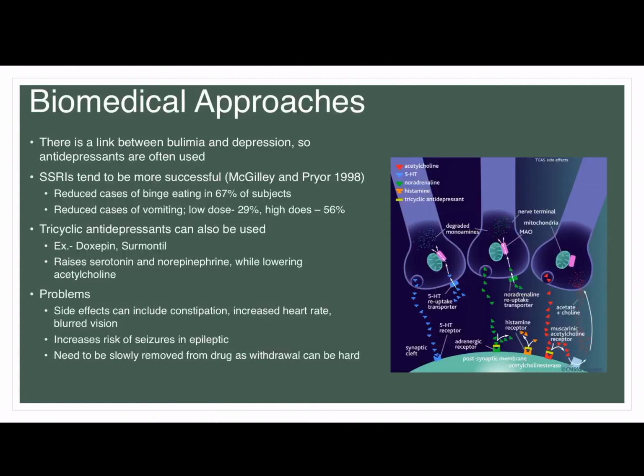And you can't go off the drug without a slow withdrawal process. Individuals who go off the drug cold turkey have very negative withdrawal symptoms, so they tend to use a step-down process where they lower the dosage and how frequently the patient takes it, and eventually the drug slowly leaves the body, and the negative withdrawal symptoms are lower.